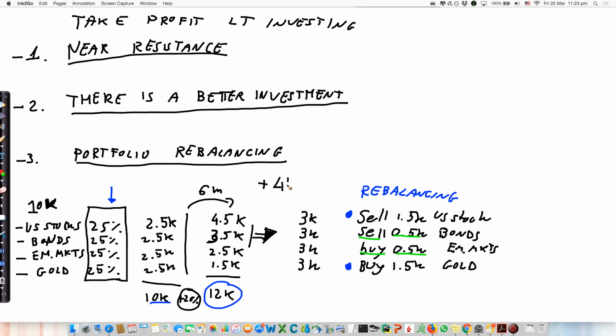So let's say that you also add 4K after 6 months. So it means that the value of your portfolio is now 12K plus 4K, 16K. Now what do you have to do? Well, every position will be now 4K, right? Because we have a 25% of 16K.